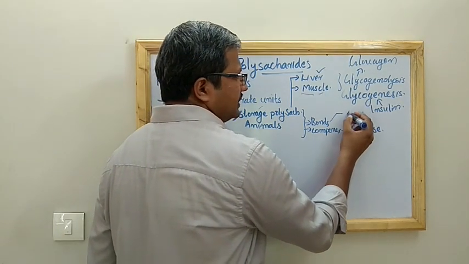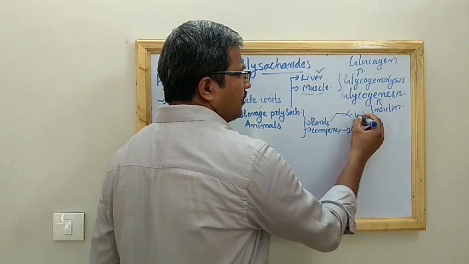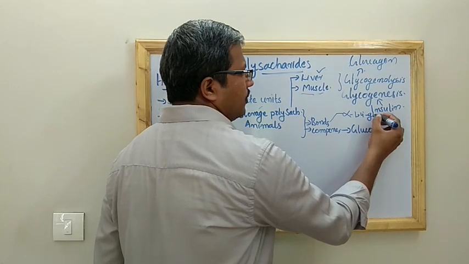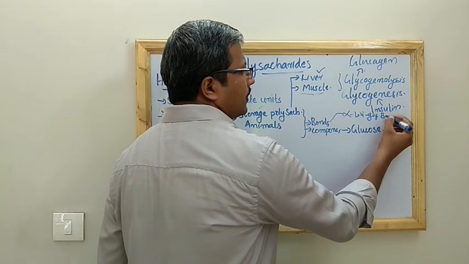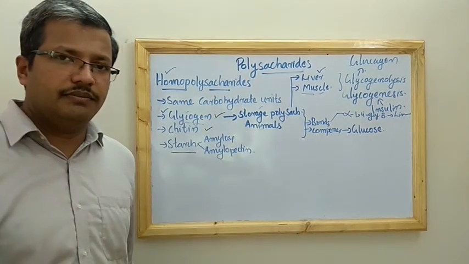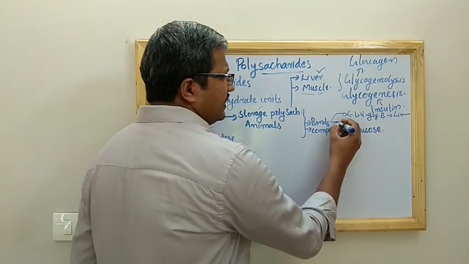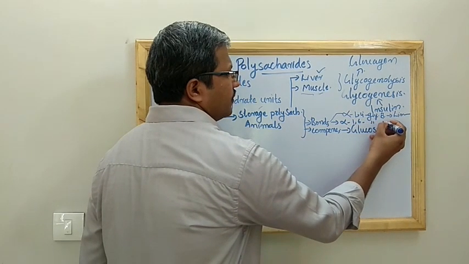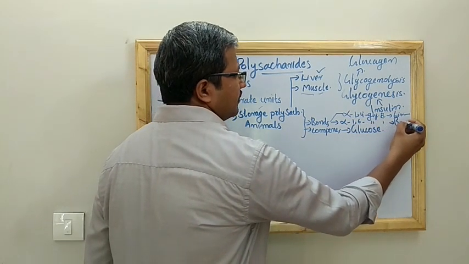First one is the alpha 1,4 glycosidic bond, and that is for linear polymerization. And the second is the alpha 1,6 glycosidic bond, and that is for branching.